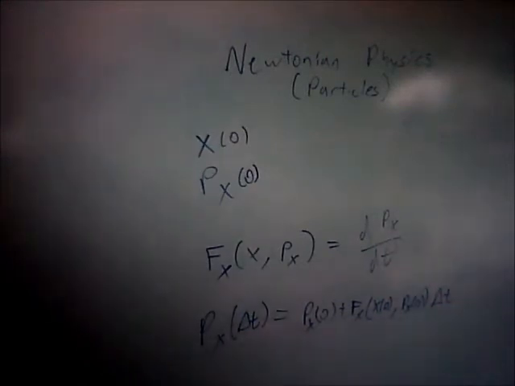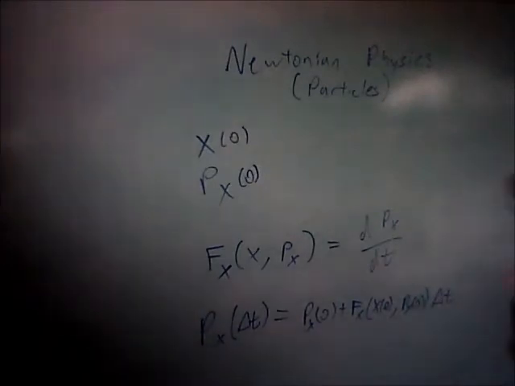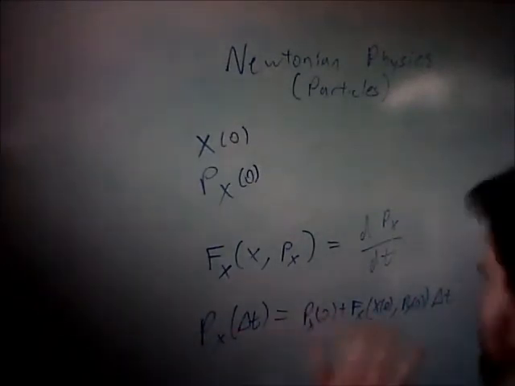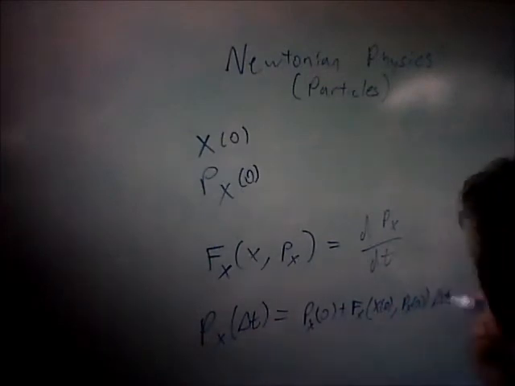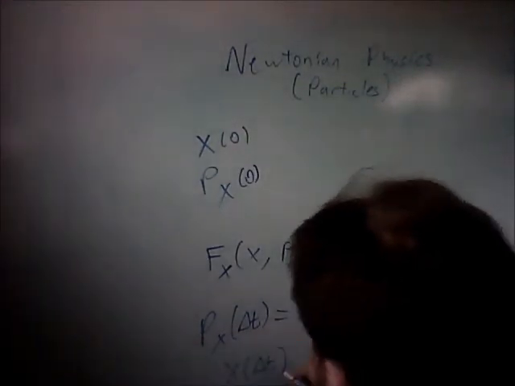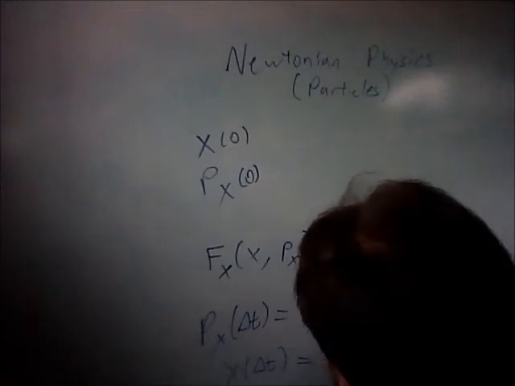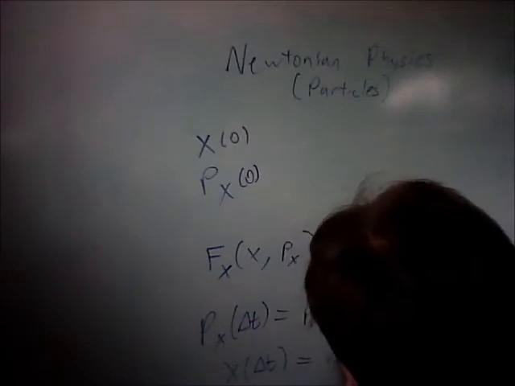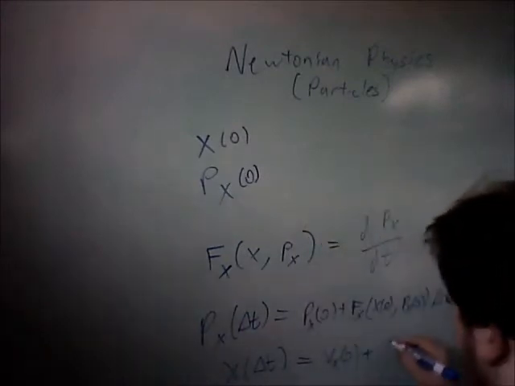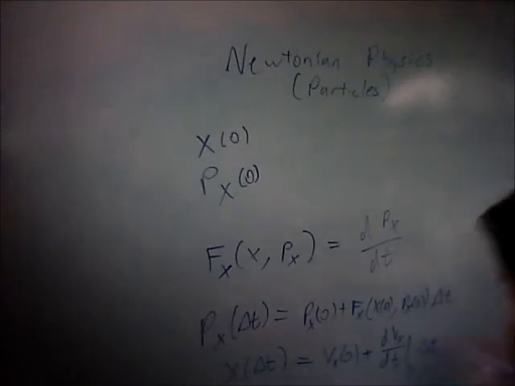The smaller the time interval, the more accurate this is. So, imagine that it's an extremely small time interval, for now. Now, we can also notice that x as a function of delta t is simply equal to initial velocity v sub x of 0 plus dv_x/dt evaluated at 0 times delta t.